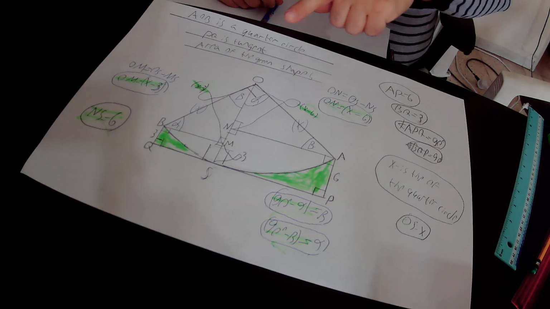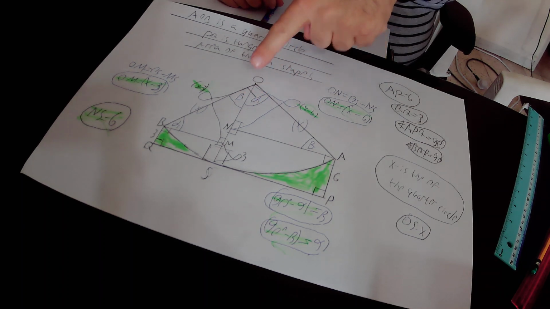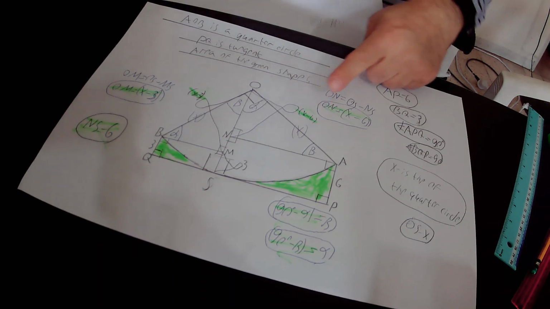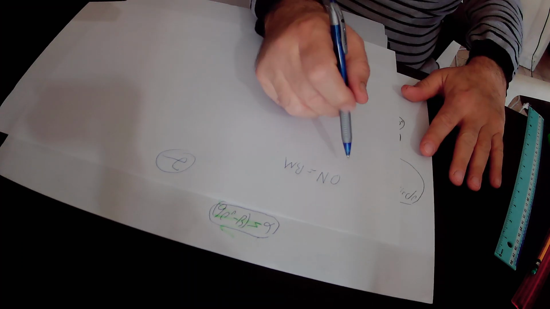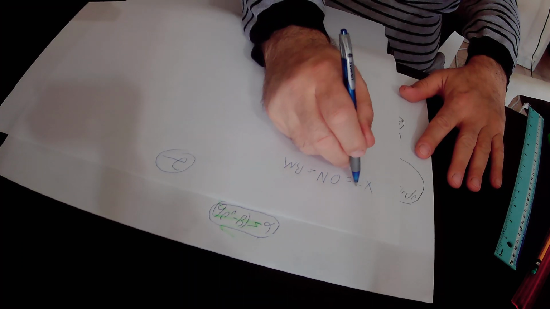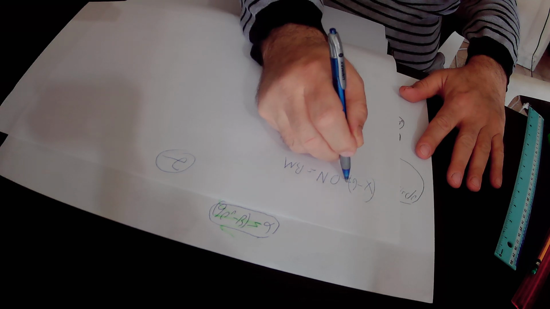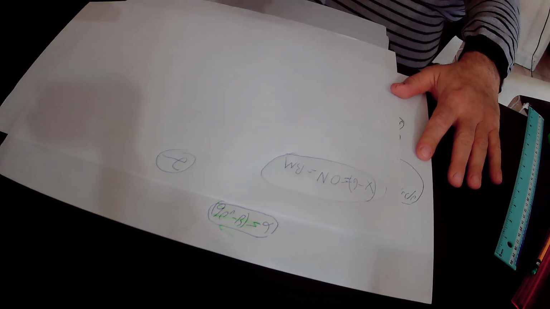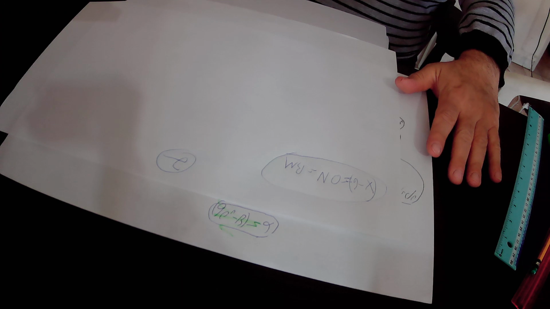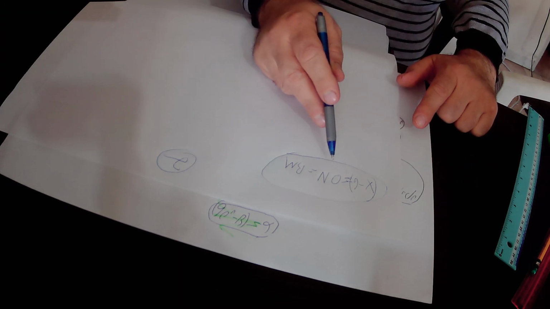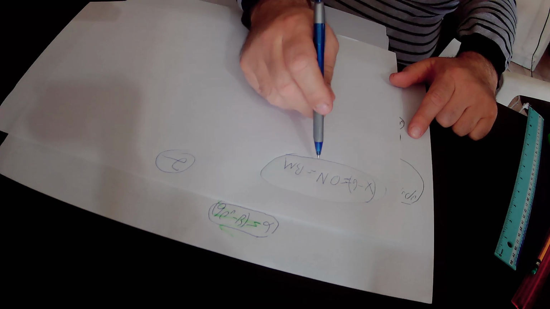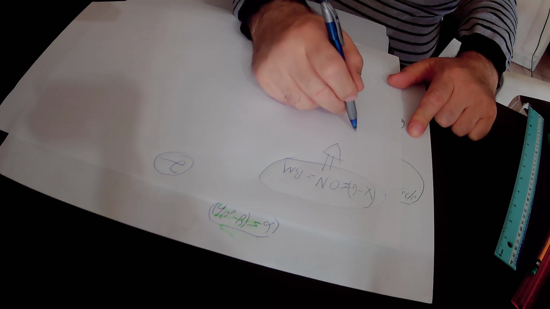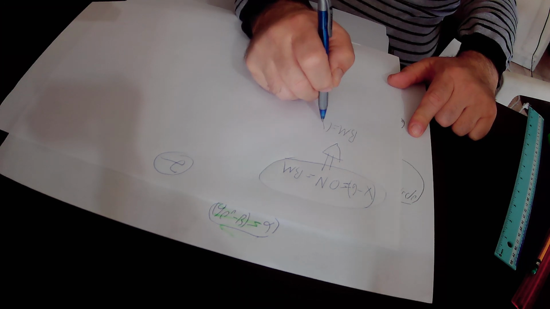But we have already found out that side ON is equal to x minus 6 units in its length. So we can write here that ON equals x minus 6, and from this equation, x minus 6 equals ON equals BM, we will derive that side BM is also equal to x minus 6.